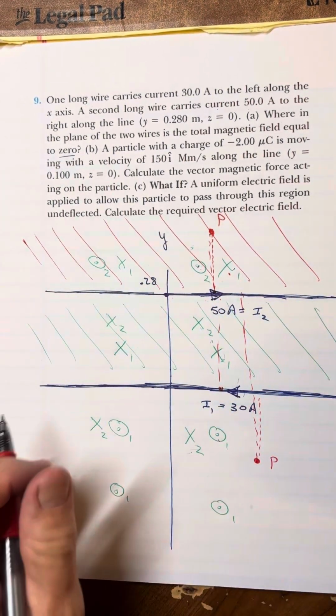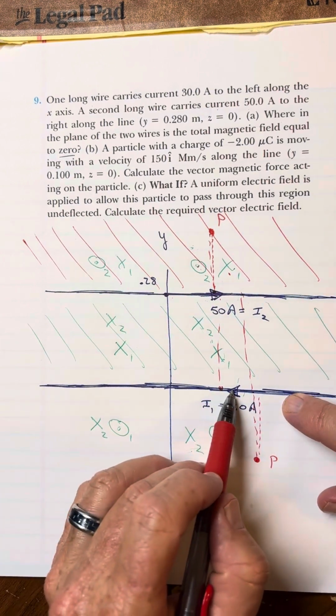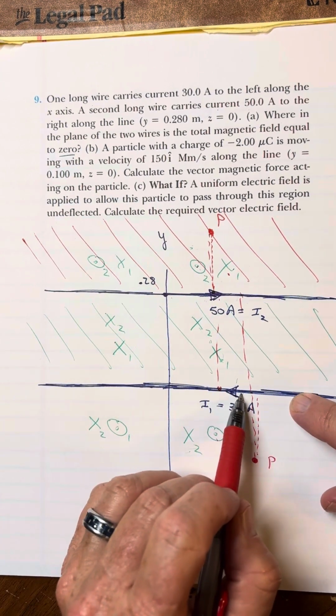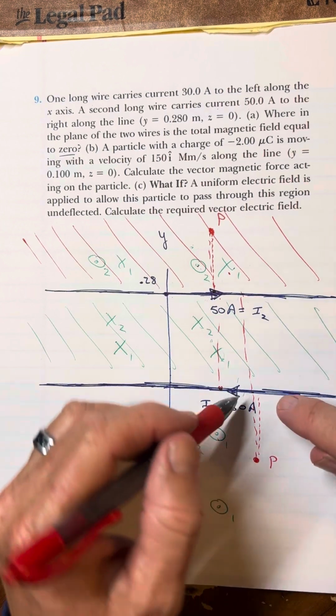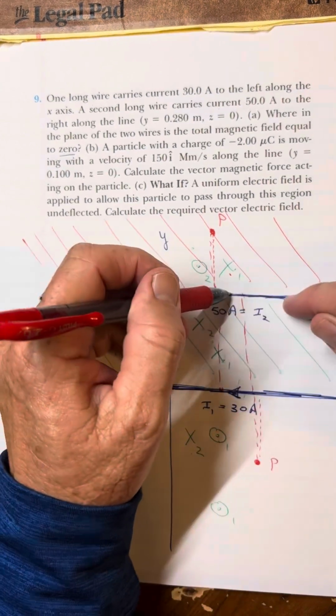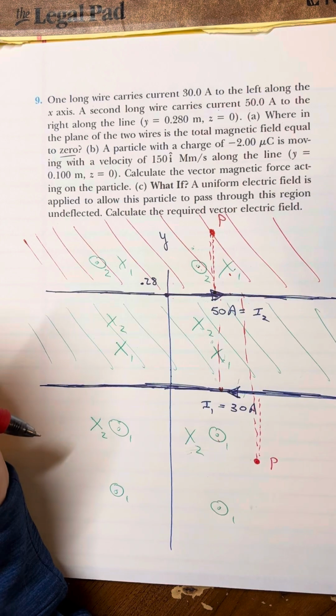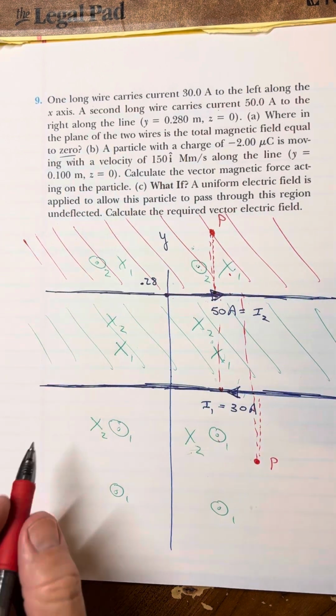And again, this closeness could give us the possibility of getting the same strength as the one that is further away, but has more current in it. And that's really the key.